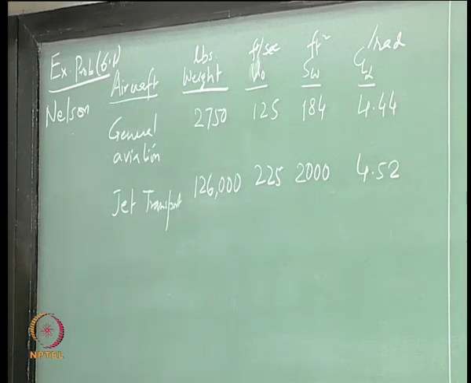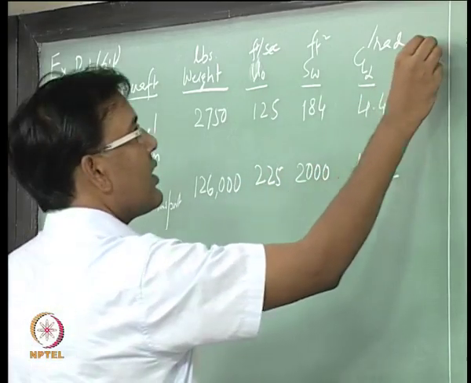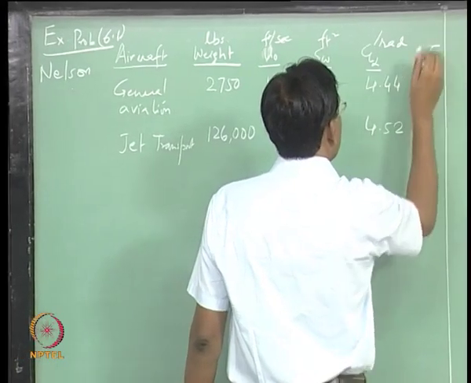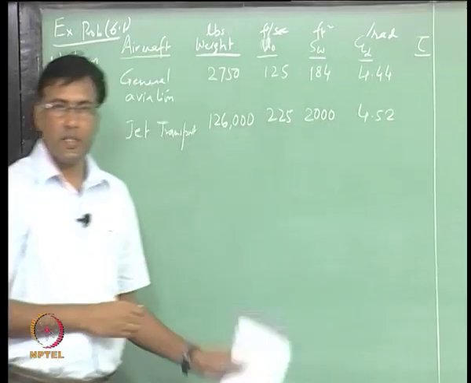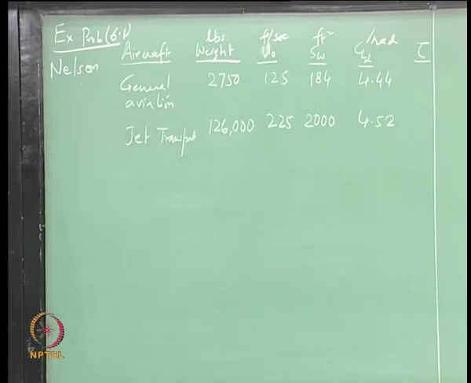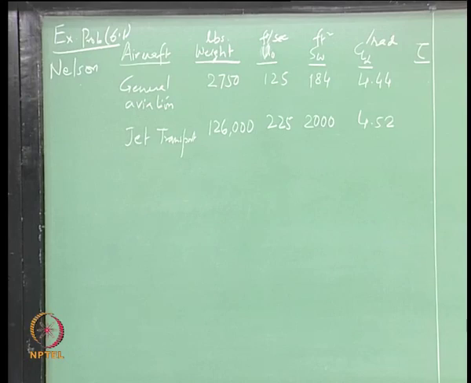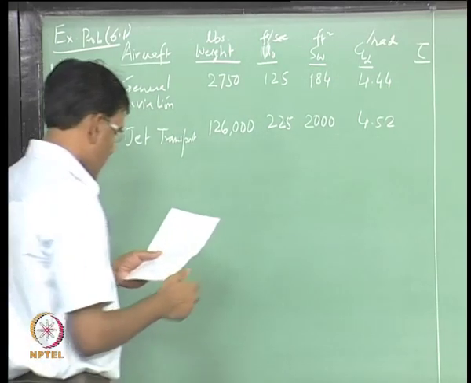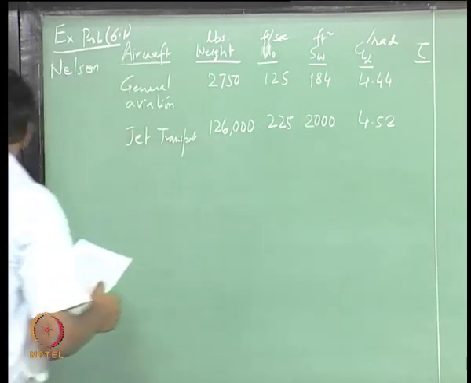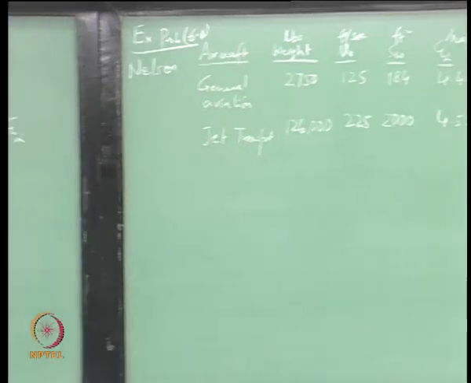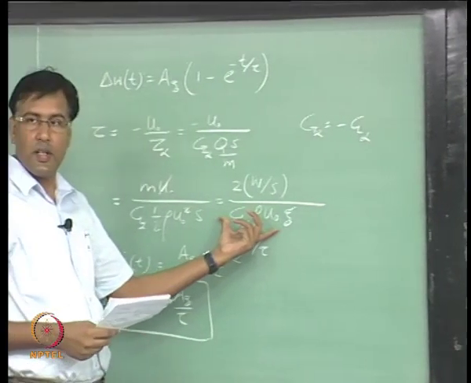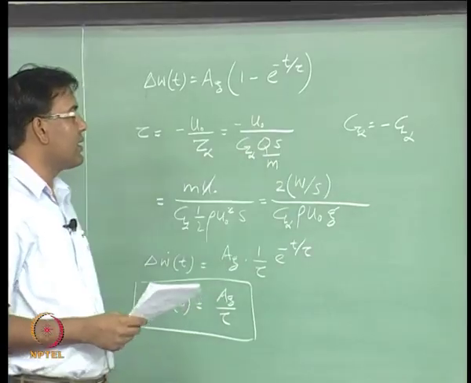So, what we are interested in finding out is what the response actually is in the two cases, right. So, we need to find out what the time constant is. Now, everything you know here from the data that is given.